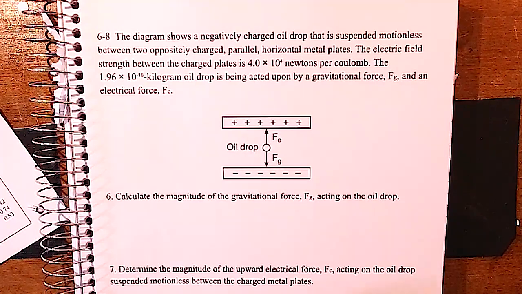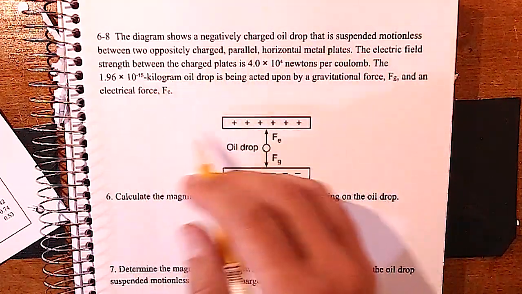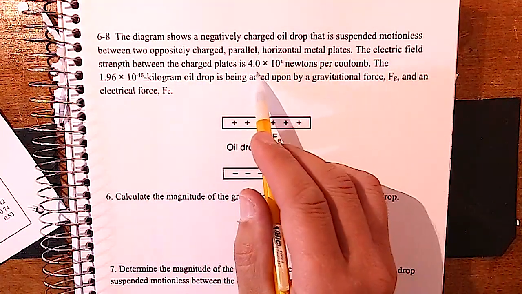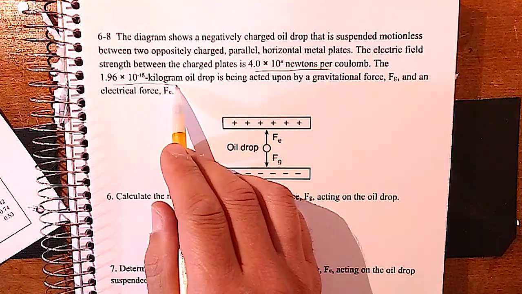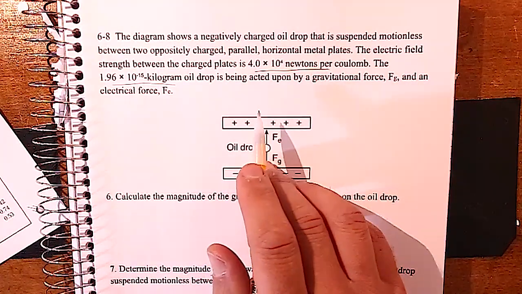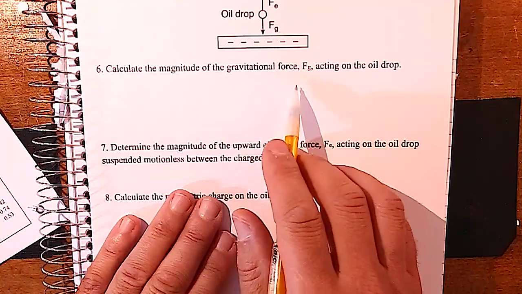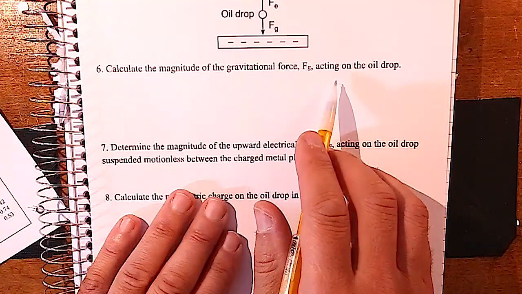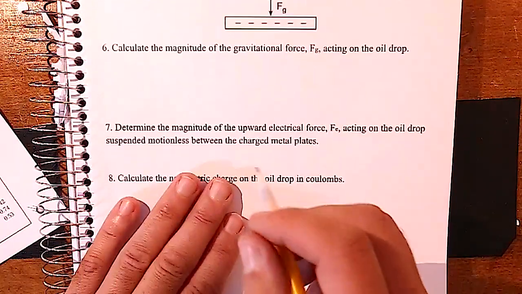There's a lot going on in this problem, and it sounds kind of hard, but in reality, this problem isn't that bad. So they give us some information. They give us the electric field, and they give us the mass of this oil drop that's levitating in here. So the first question is, calculate the magnitude of the gravitational force acting on the oil droplet. Well, what's the gravitational force on the oil droplet?